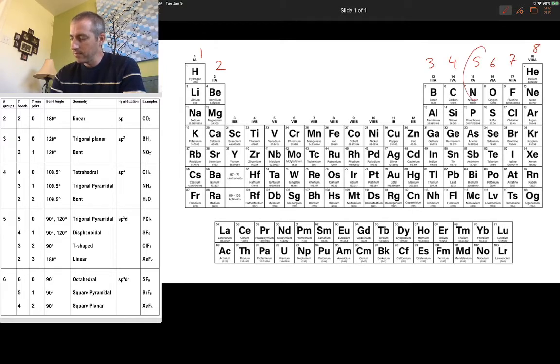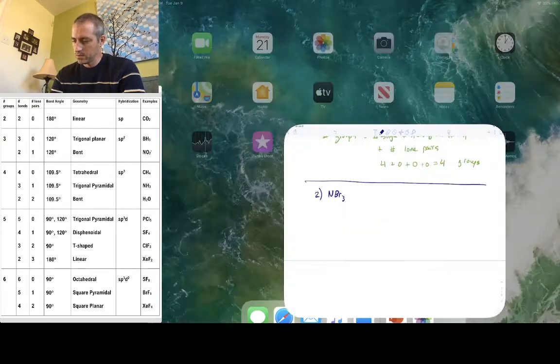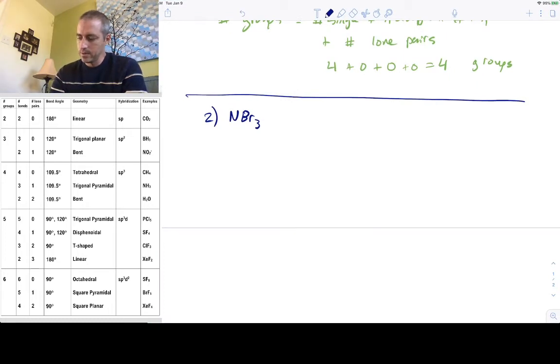Nitrogen is 5, and bromine, because it's in group 17, has 7 valence electrons. So that's going to be equal to 5 valence electrons from the nitrogen plus 7 from the bromine times 3, because we have 3 bromines in the structure. That gives us a total of 26 valence electrons. So these are the electrons that we can work with when we're building our structure.